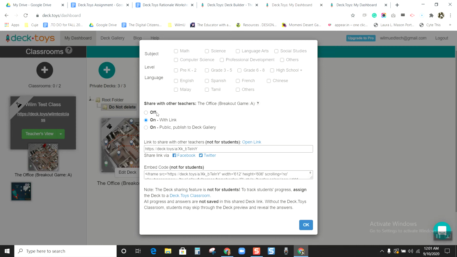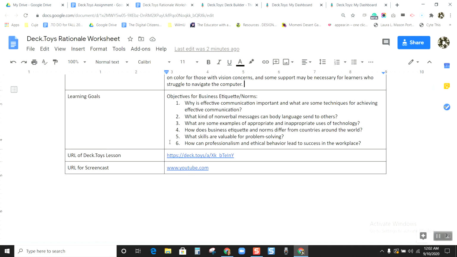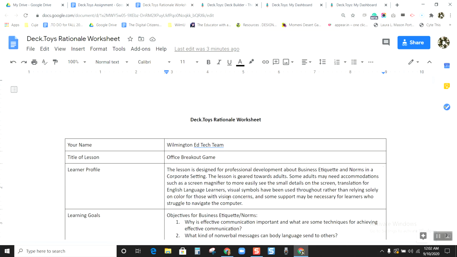If you have not already, you will need to change the default from off to with a link. When you share with a link, here is the link that you can grab for your deck, and then you're going to put that right into your worksheet. Again, once you finish your screencast video, you will upload it to YouTube, Google Drive, Vimeo, something with a link, and you will put that link here as well.